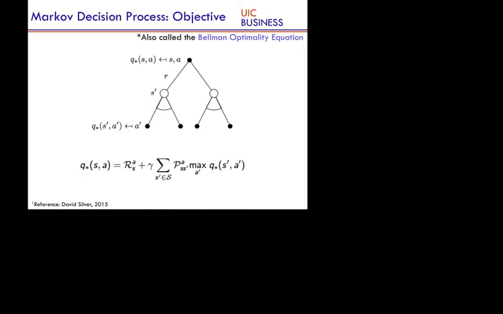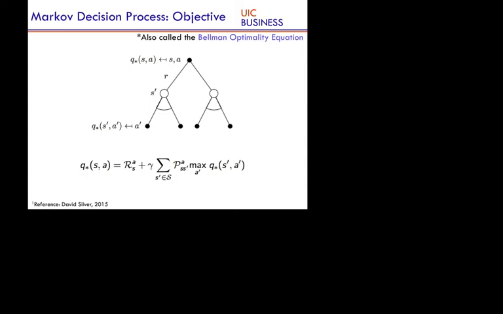The recursion for the optimal value function is going to be called the Bellman optimality equation. Here I'm showing the recursion for the optimal state action value function. So the optimal state action value function at a given state and action is going to be related to a bunch of other state action value functions, these values at different states and actions.